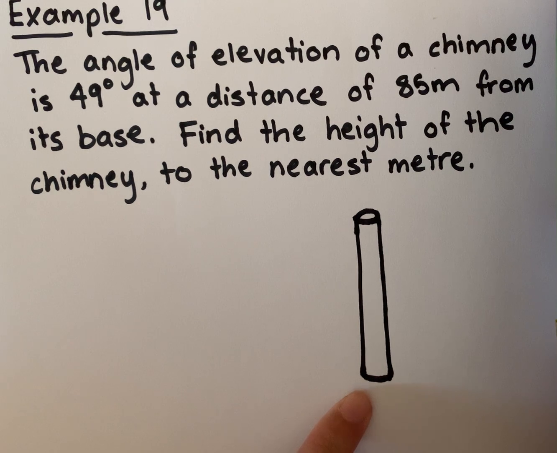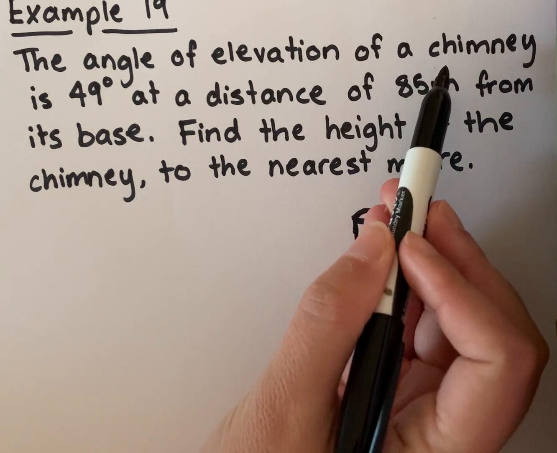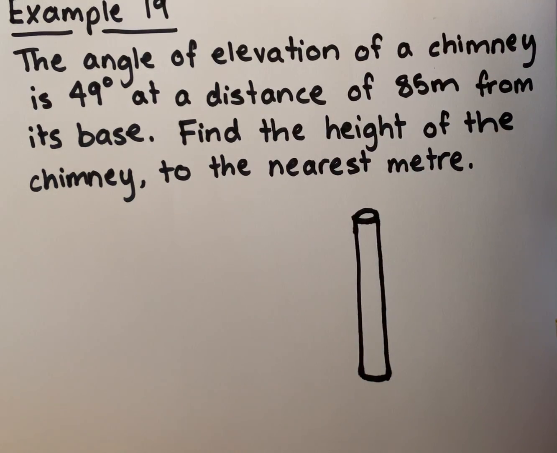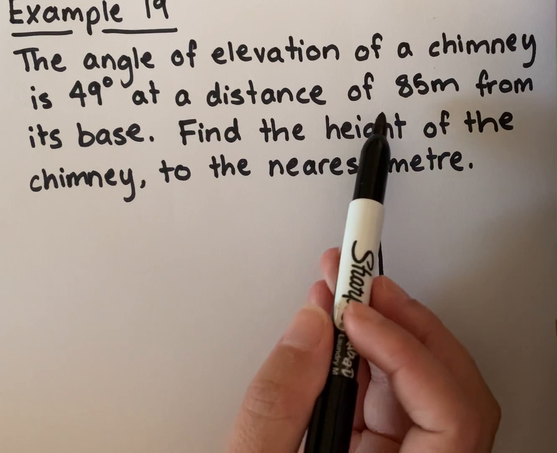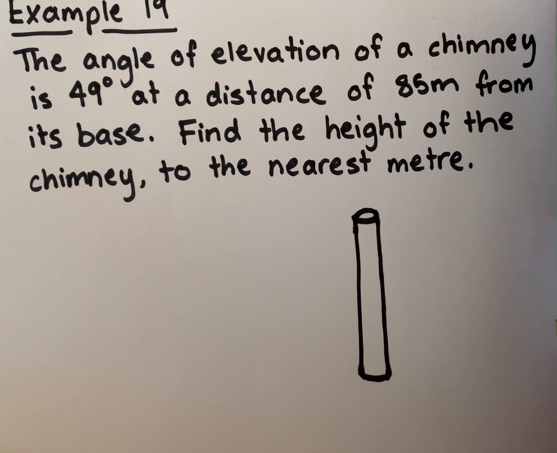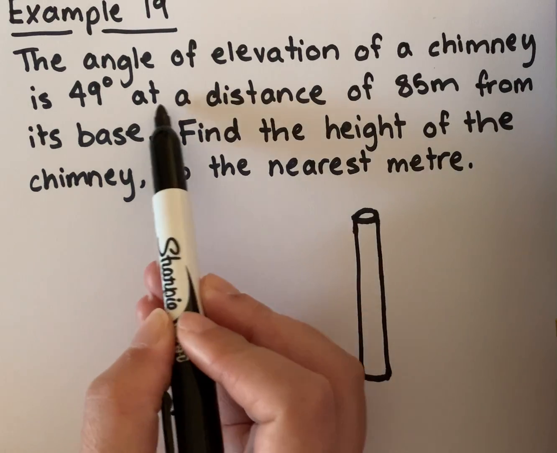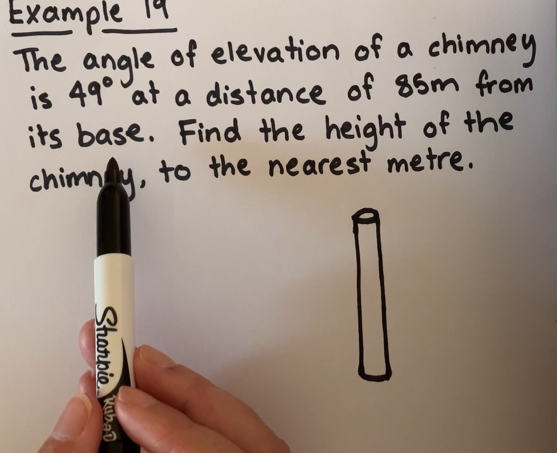Now we've got some information about an angle of elevation. Now, because it's the angle of elevation of a chimney, that means that we're not actually standing at the chimney, okay? We're standing somewhere else. So where are we standing? It says we're standing at a distance of 85 meters from its base. So the point where the angle of elevation is drawn is actually going to be at a distance of 85 meters from the base of the chimney.